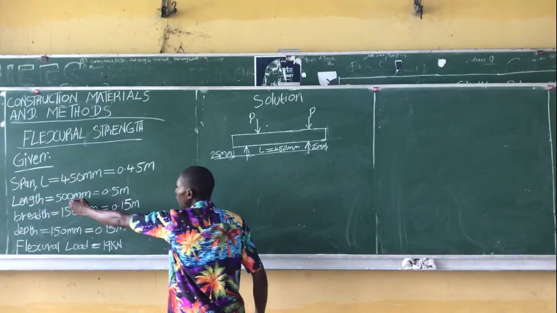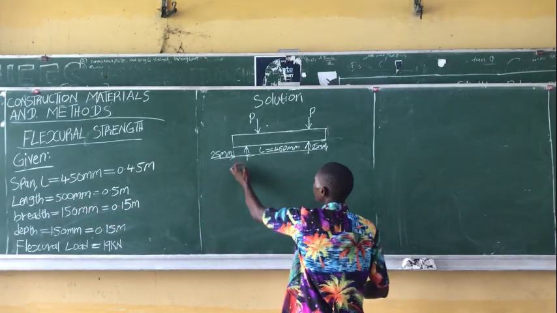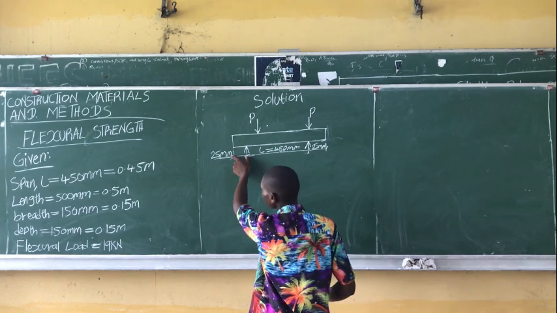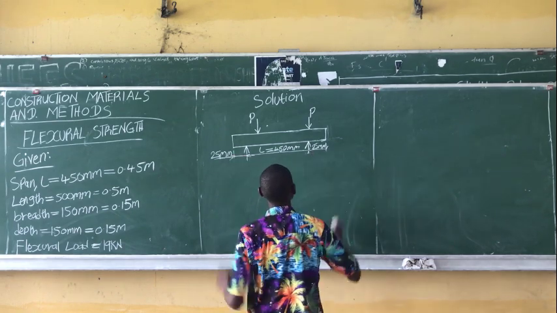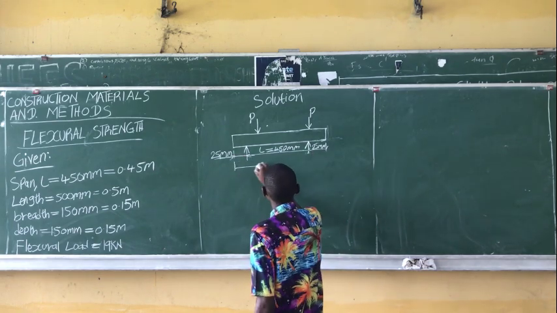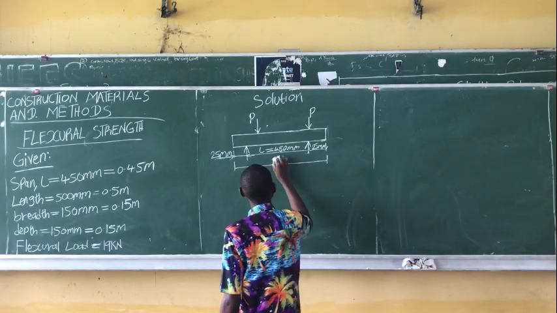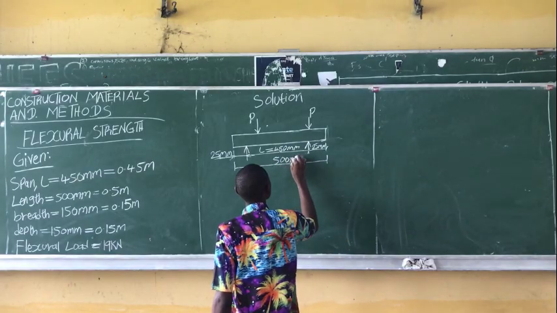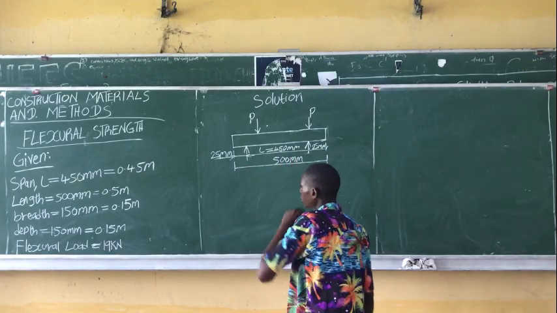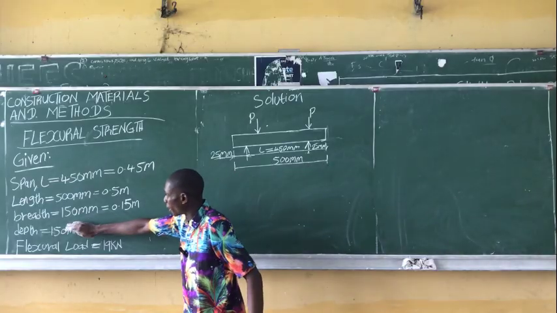And the total length is 500 millimeters, which, if we have 25 millimeters from this end and 25 millimeters from this end, gives the total length of 500 millimeters. Okay, where we have the breadth and the depth.